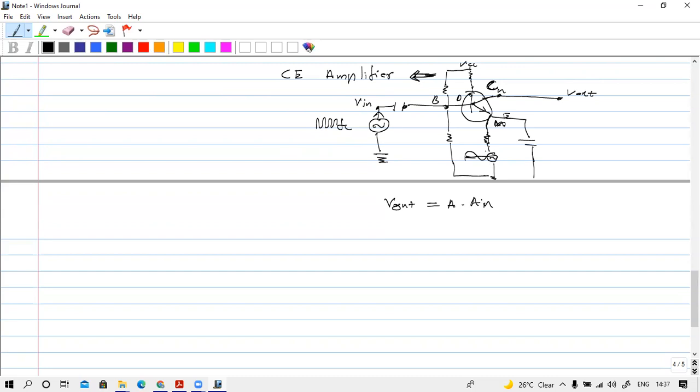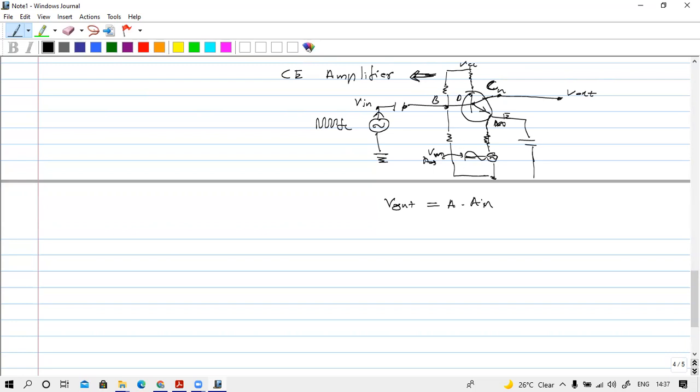This audio signal will give a voltage. Let's say it is Vm, the modulating voltage.